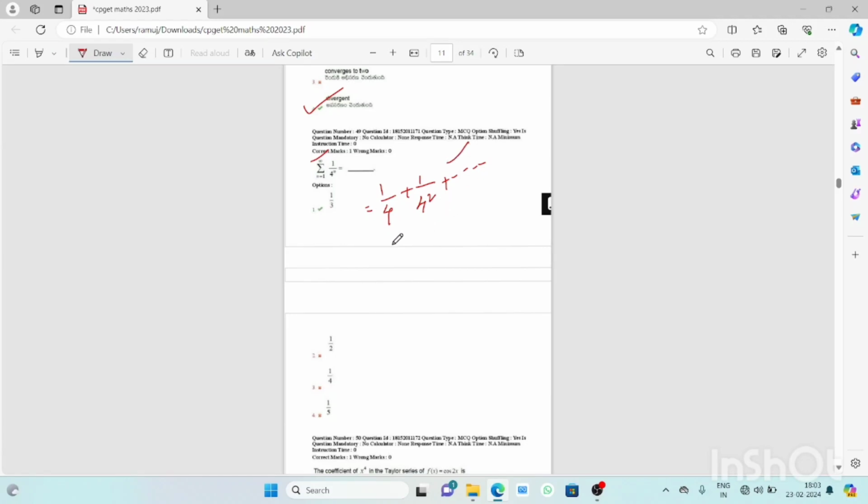The sum of infinite terms has the formula a into 1 minus r power n divided by 1 minus r. By substituting the r value, 1 by 4, you definitely get 1 by 3 as the correct option for this question.